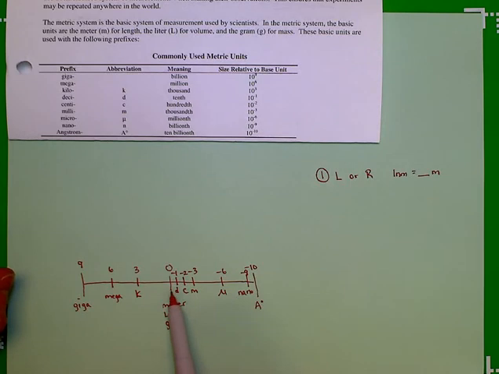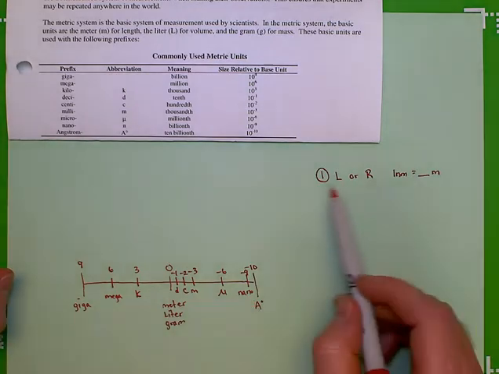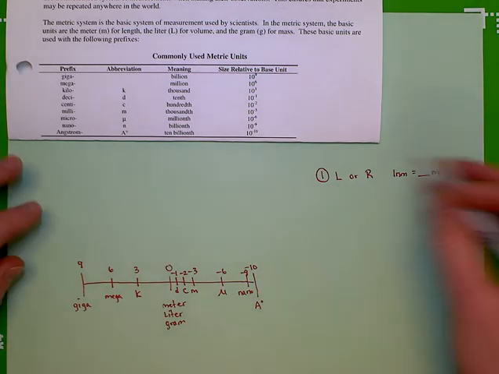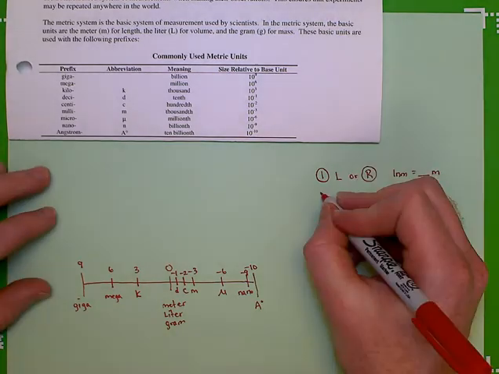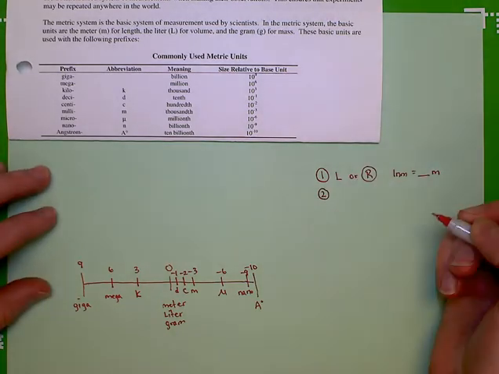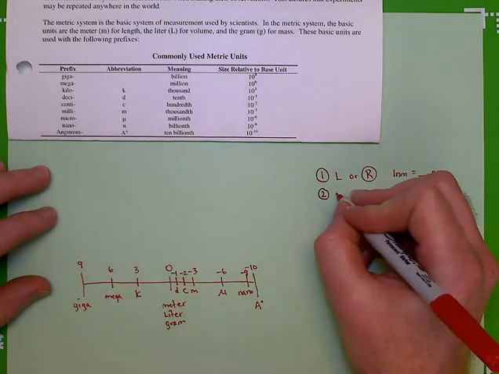We know that meter is a larger unit than nanometer. So the answer to the first part would be R, or you would have a larger unit on the right hand side. Number 2, you want to find out how far apart they are.